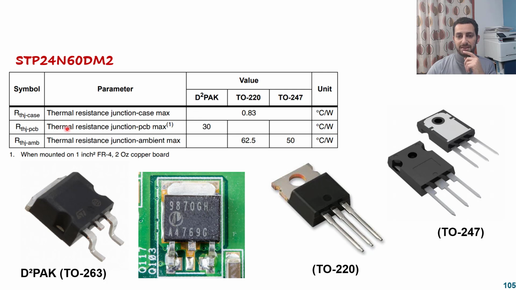Now look at the second one. It's resistance junction to the PCB. This is a new one, but it gives us just a value for the first package, not the second and the third. Why? Because the first package is considered to be soldered on the PCB itself, and the PCB will be like a heatsink.